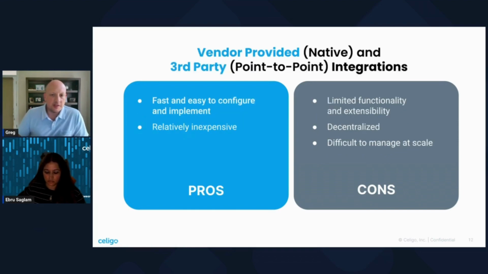The next one is vendor provided native and third party point to point integrations. So again, these are relatively inexpensive. They can be fast and easy to configure and implement, but you've got to be sure right away that they meet your needs. You've got to make sure that all the features that you need are included in there, because when they don't do what you need, they're typically not extensible, meaning that they're hard to customize.